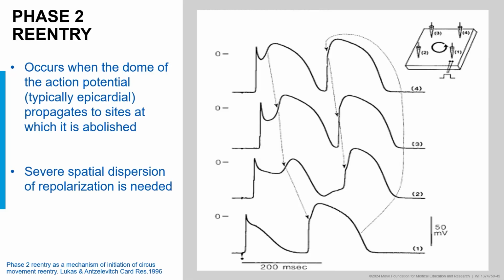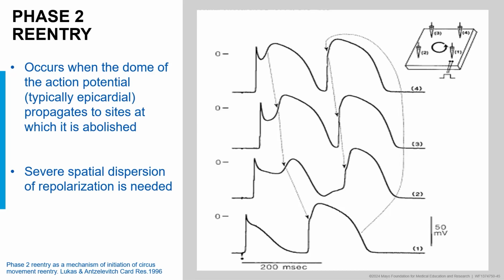Typically, this is in the myocardial areas where you have a change in the repolarization characteristics. So think classically here of the outflow tract of Brugada syndrome, where you've got endocardial, mid-myocardial cells, epicardial cells. Conduction velocity is different, but so is repolarization.